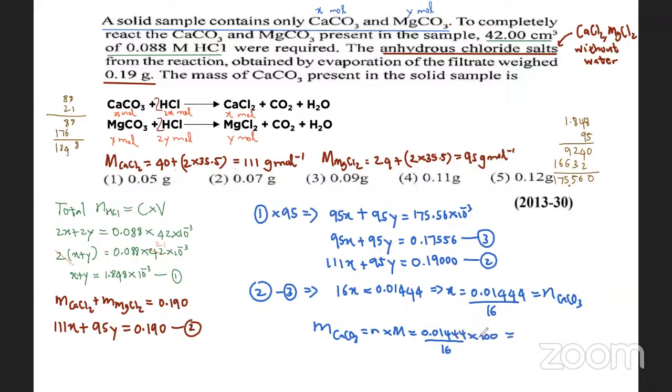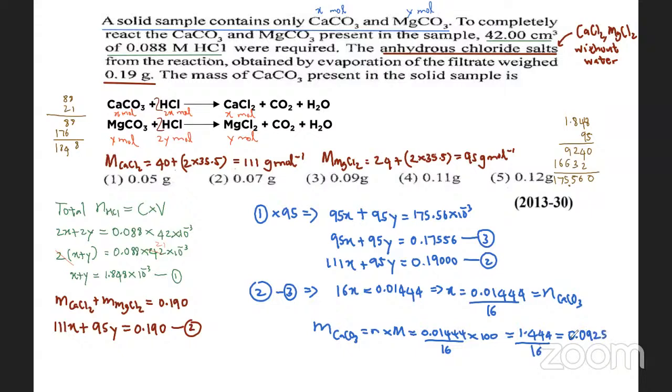And I think that is going to be 1.444 over 16. And when you divide 1.444 by 16, I think you will get 0.0925, something like that.